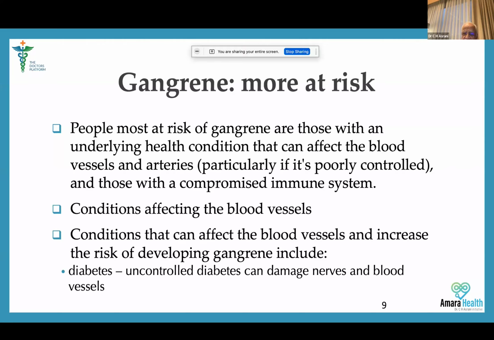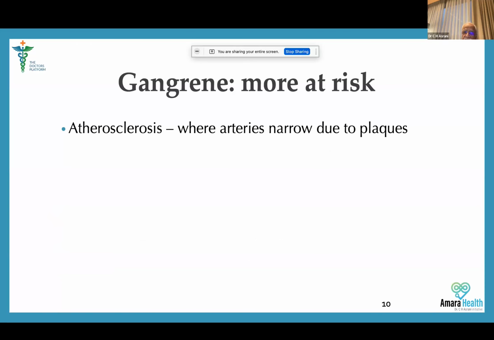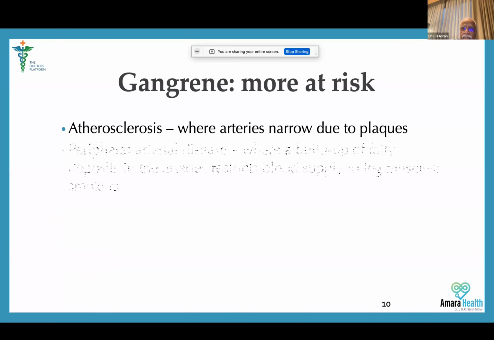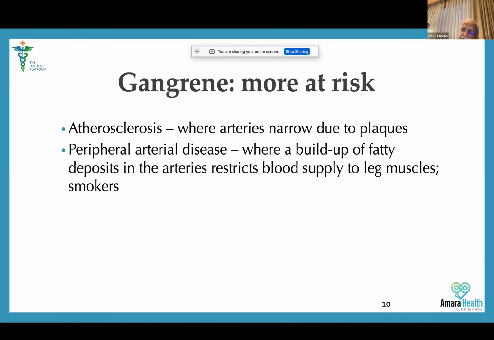Conditions that can affect blood vessels and increase the risk of gangrene: diabetes, uncontrolled diabetes damages nerves as well as blood vessels. Atherosclerosis, because the blood supply gradually stops. Peripheral arterial disease, again because of atherosclerosis.